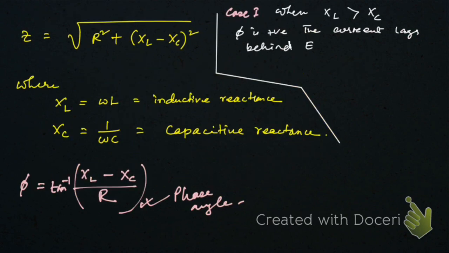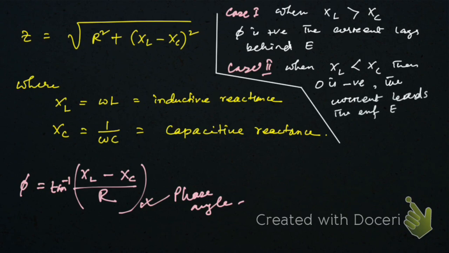So case 2: when XL is less than XC, then phi is negative.